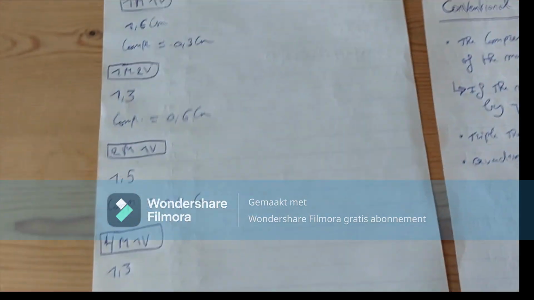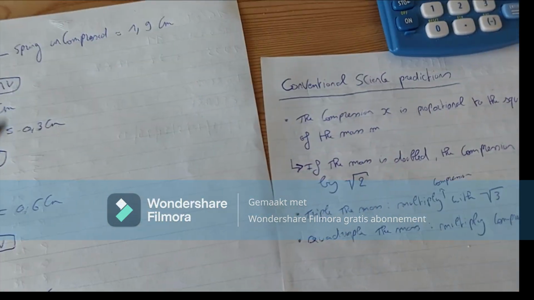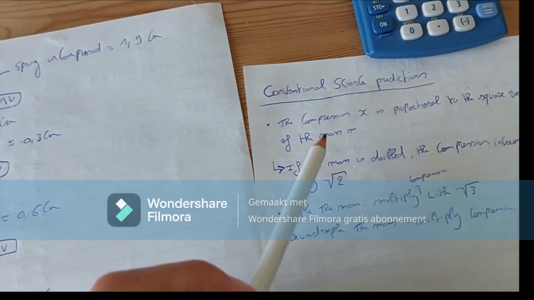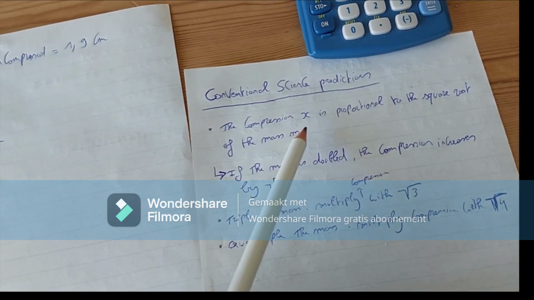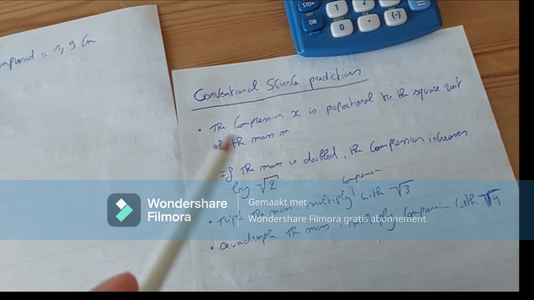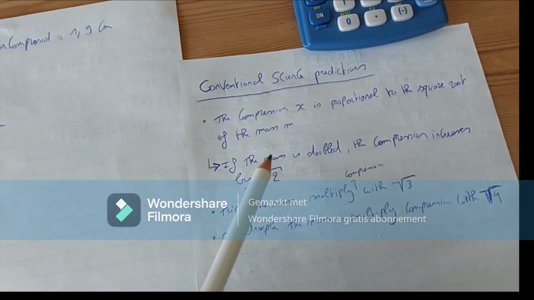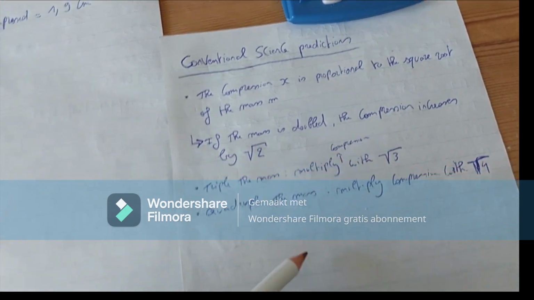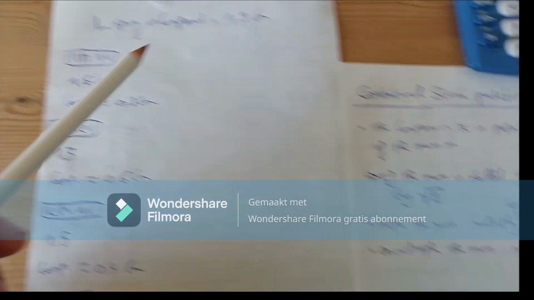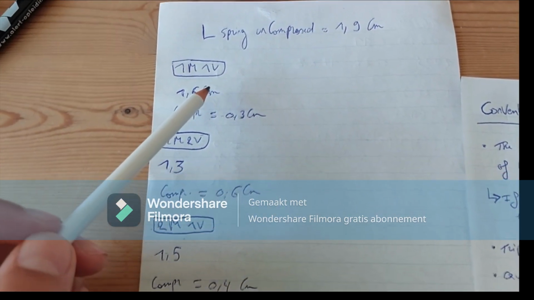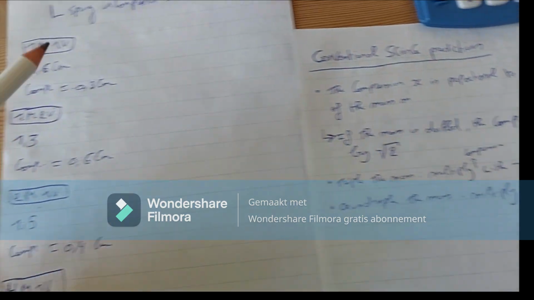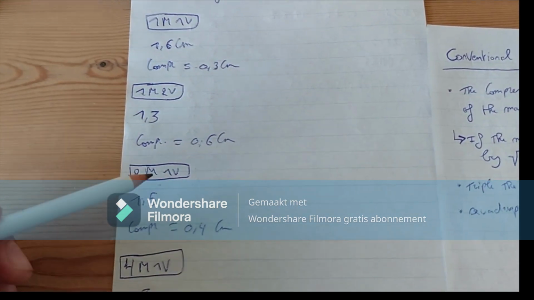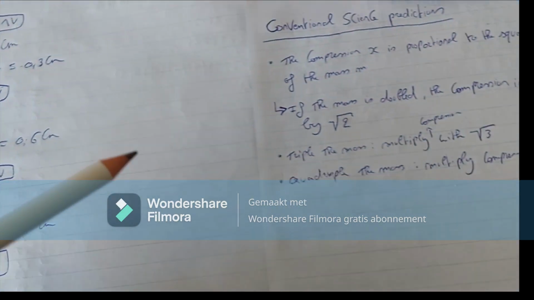According to conventional science, the prediction is, well, here's some explanation. The compression x is proportional to the square root of the mass m. So if the mass is doubled, the compression increases by the square root of 2. And so we have to multiply the one mass, one velocity compression with the square root of 2 to know the compression of the two mass, one velocity.